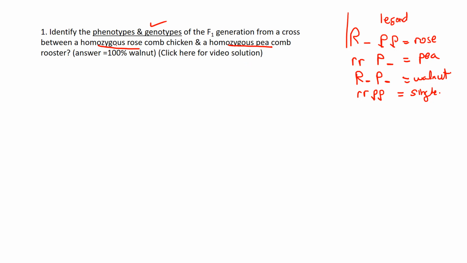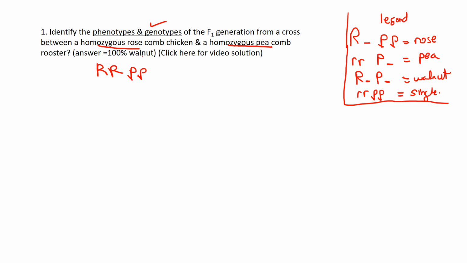Okay, homozygous rose. Go back to our legend. This is why we've spent time writing it out. To be rose, I have to have at least a capital R. To be homozygous rose, I have to have two capital R's. Now we know the only way that I can have a rose comb is if my other gene consists of two alleles with little p's. So that's a given.